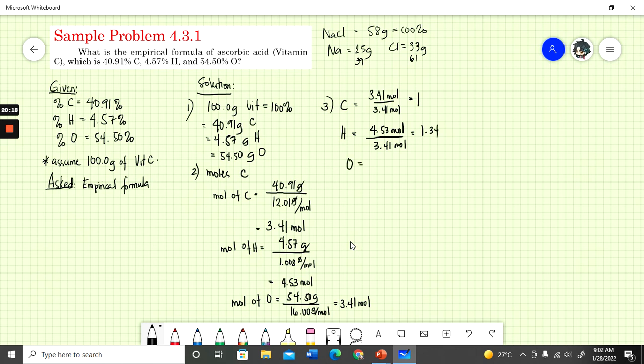And for oxygen, you have 3.41 moles of oxygen divided by 3.41 moles, that is also equal to 1. And as you can see, you have one non-whole number, so you have to find a multiplier for this so that it'll become closer to a whole number as much as possible.